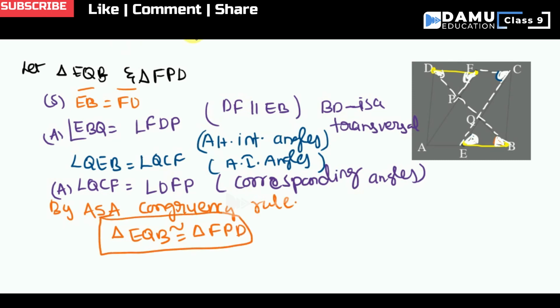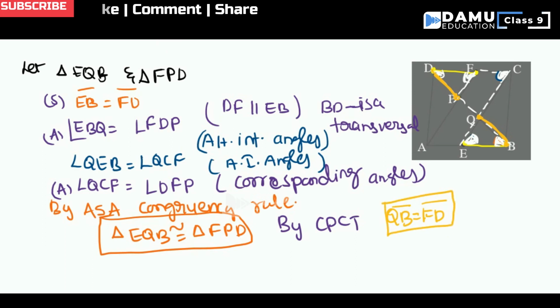That means by CPCT, QB will be equal to DP. So these two sides are equal. By CPCT, QB will be equal to FD.